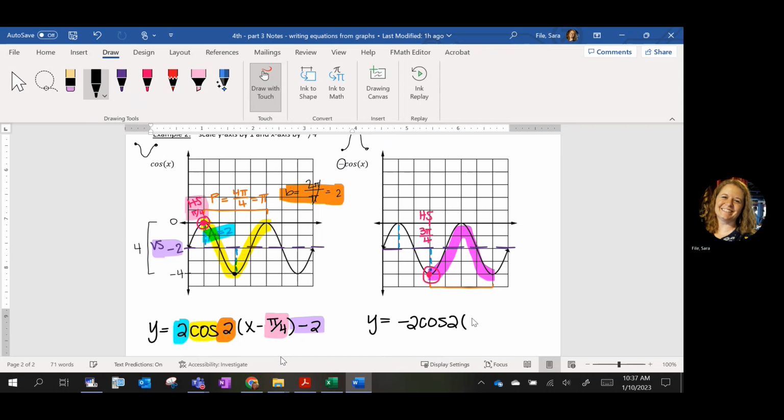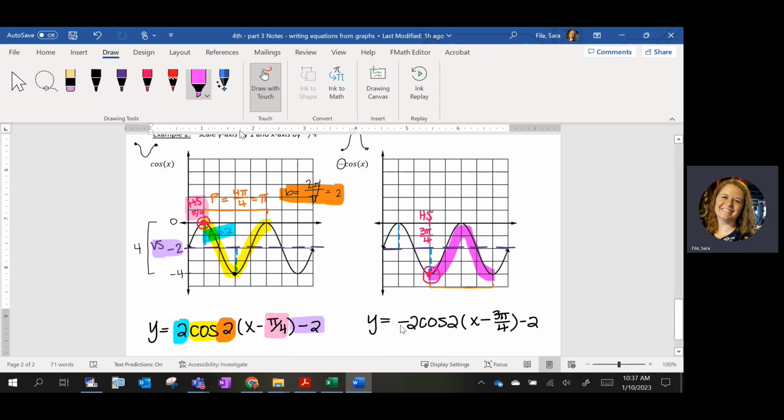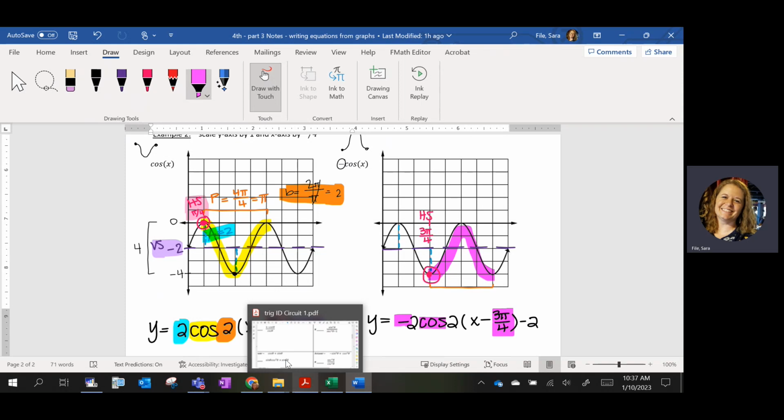No. Is the horizontal shift changed? Yes, it's 3 pi fourths now. Is the vertical shift changed? No, still minus 2. So literally the only difference between these two is that it's negative cosine this time instead of positive cosine. And the horizontal shift is 3 pi fourths instead of 1 pi fourth. Everything else stayed the same.